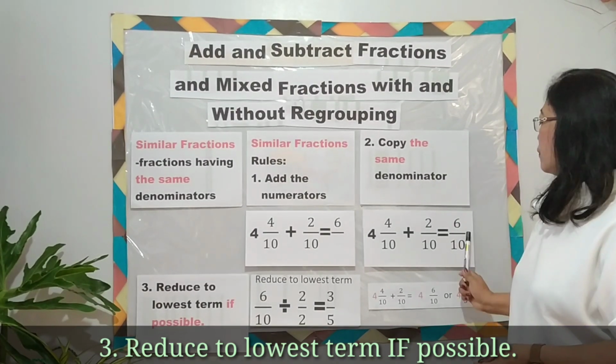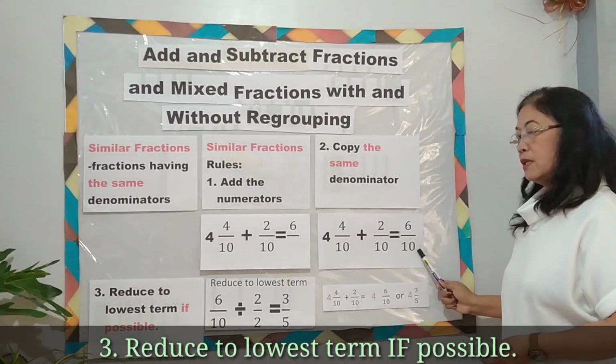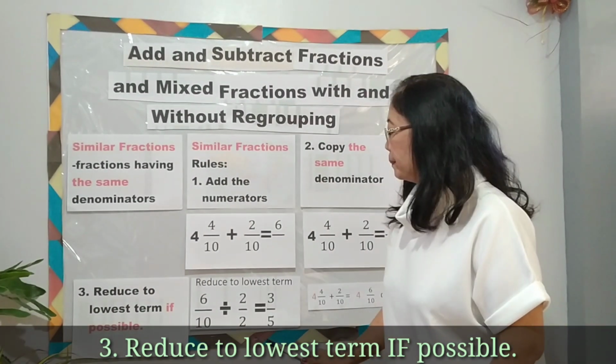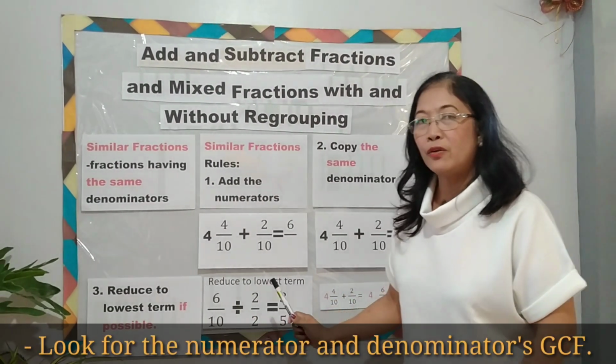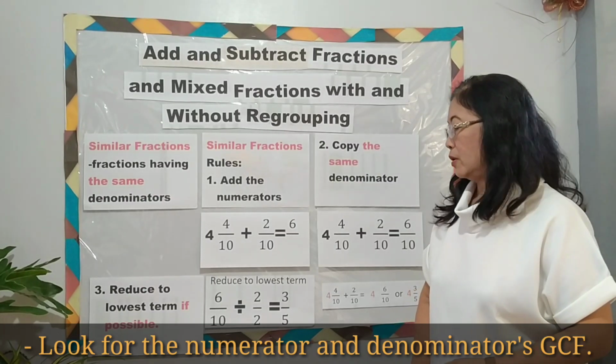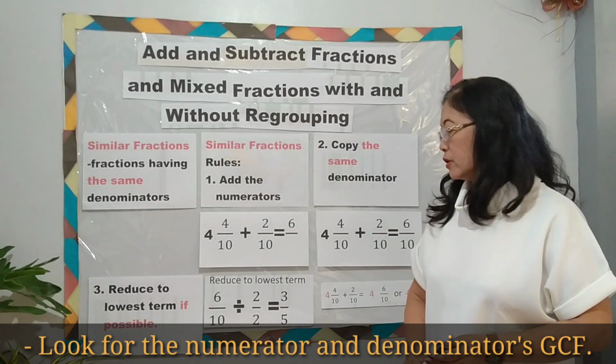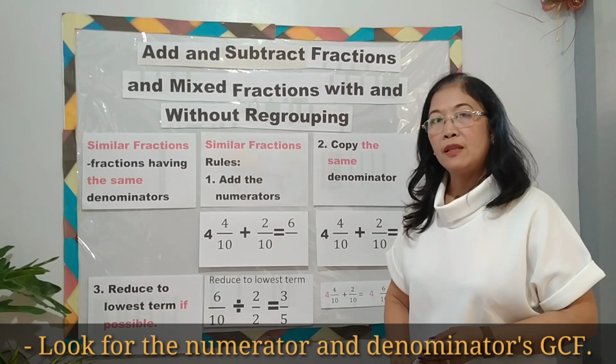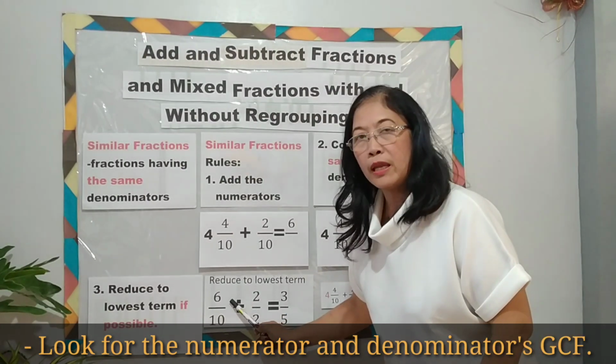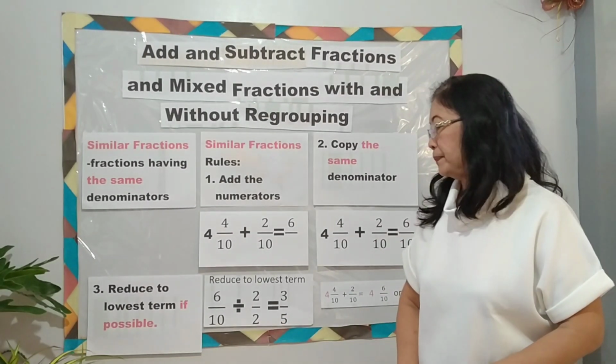To reduce your fraction 6/10 to lowest term, you have to look for the greatest common factor. The greatest common factor are the numbers that can divide both your numerator and denominator.